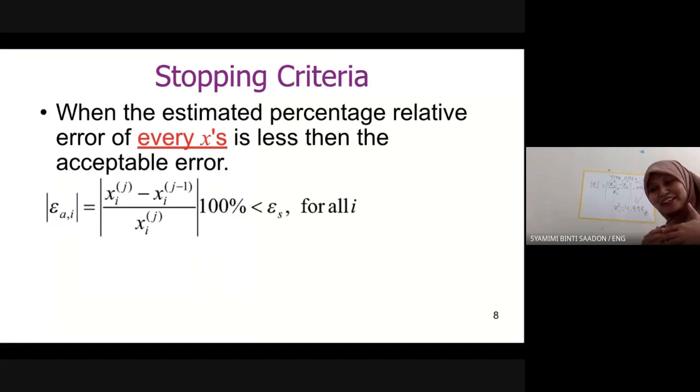You will face this when you do your FYP or your project, or in future research, for example. We try to get the smallest percentage possible, but sometimes we cannot achieve that, because it depends on the assumption we made in the initial value, the initial guess, right? So sometimes even if we try to get the smallest error, we still couldn't achieve it.